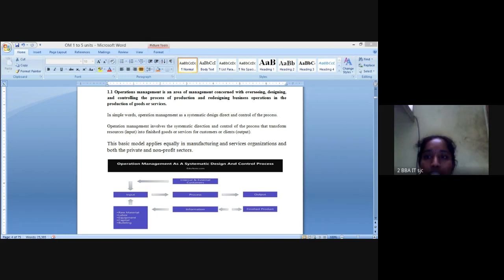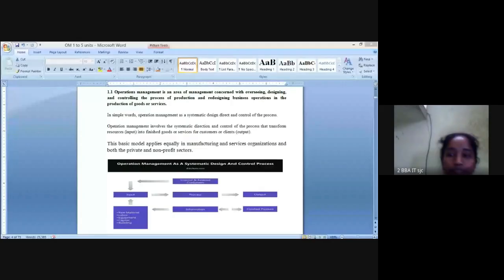Okay, and what is the importance of operations management? Why is it required? Yesterday I told you that different departments exist in an organization.